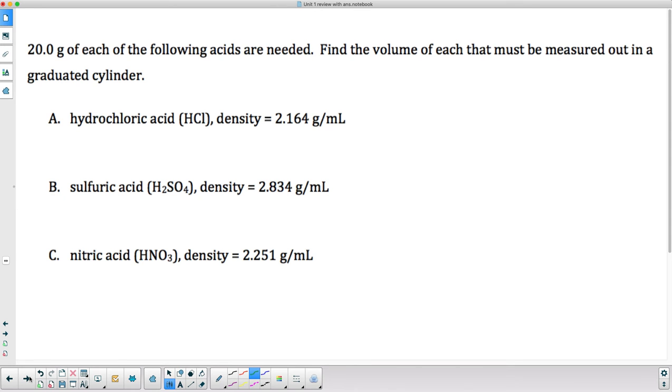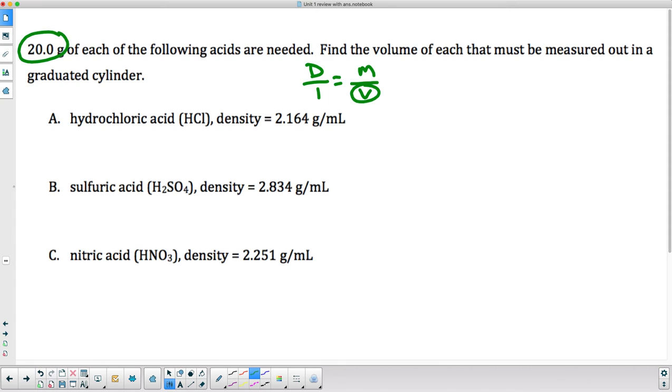Let's move on to density. How do we do density? We have density over 1 equals mass over volume. So we crisscross multiply. If we have 20 grams of each of the following acids needed, find the volume. If we're looking for volume here, plug in what we have for the first one. Notice that each one of these is 20 grams.